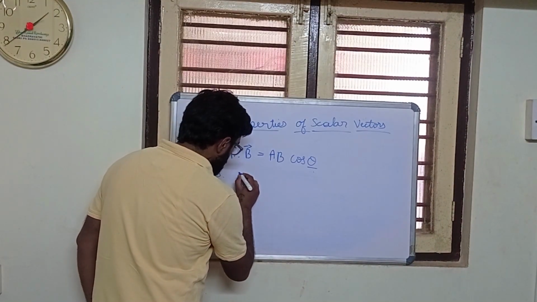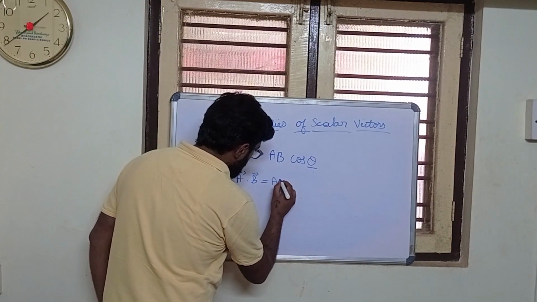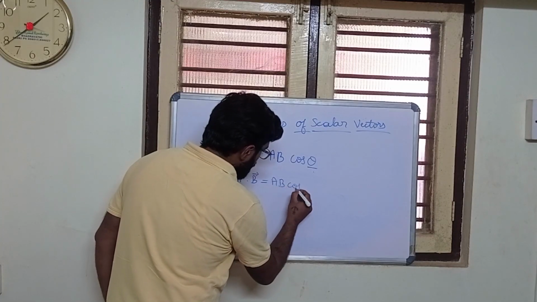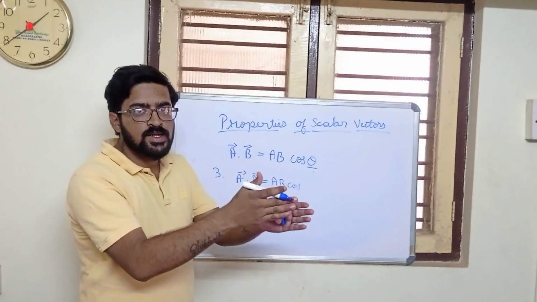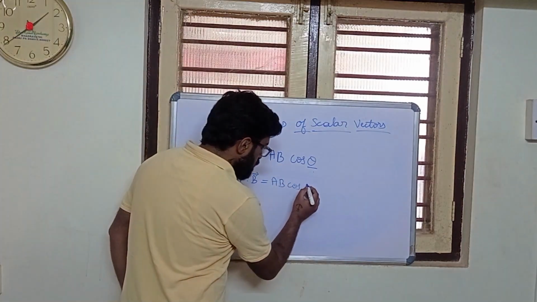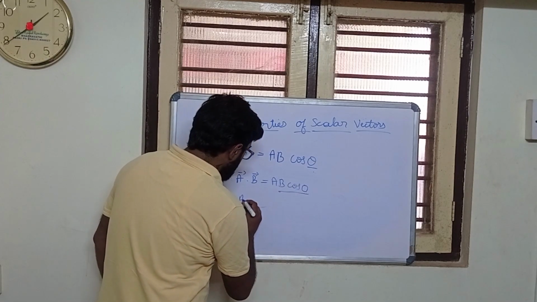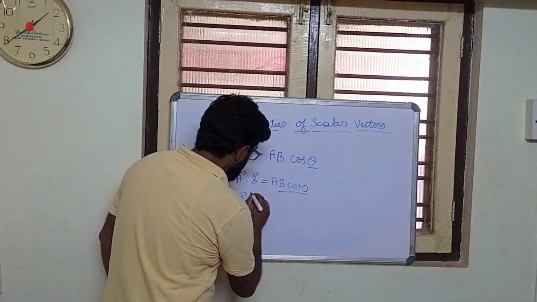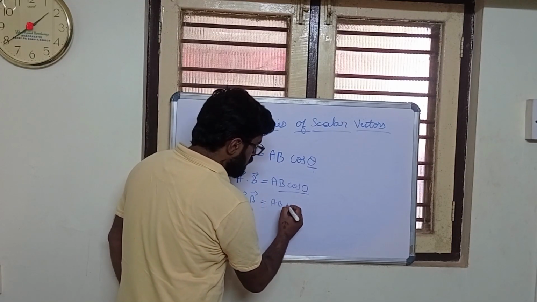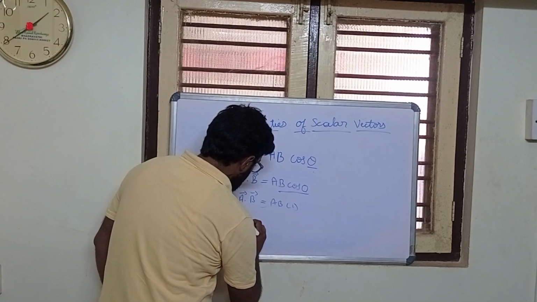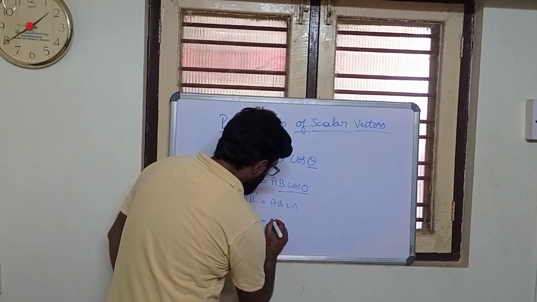Vector A dot vector B equals AB cos of theta. The vectors are parallel, so the angle between the two vectors is 0. Cos of 0 is 1. So we get AB.